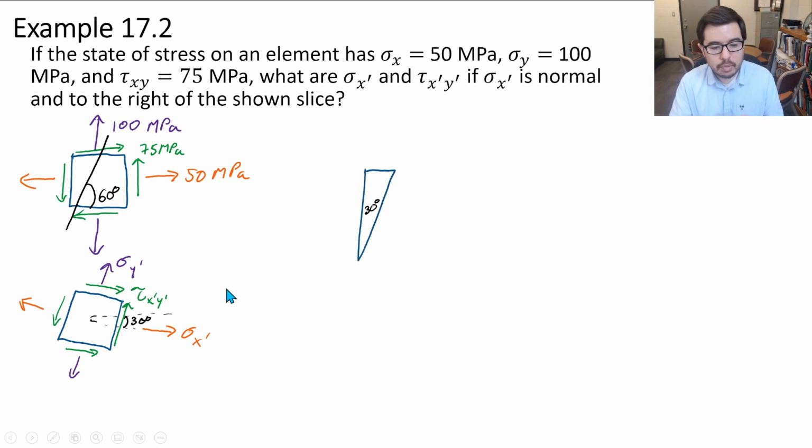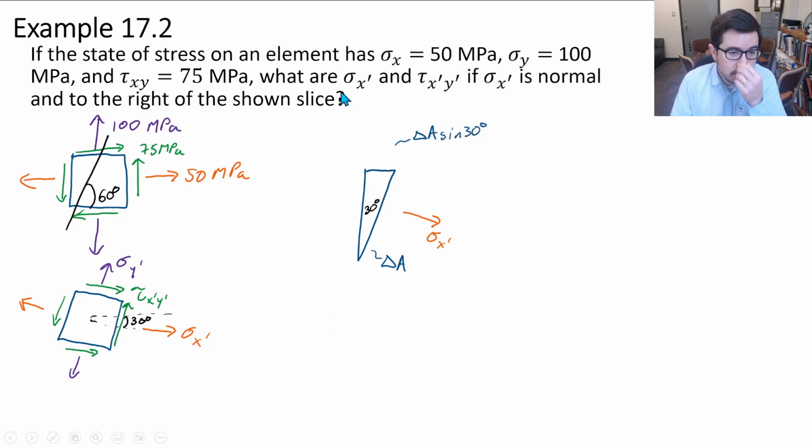I want to go a little bit quickly here. This is an interesting cut. These are the edges of the old element, and this is the cut we've made, and we're defining this as 30 degrees in here. Again, we want to be very careful, but remember the hypotenuse is associated with the new x prime direction here.